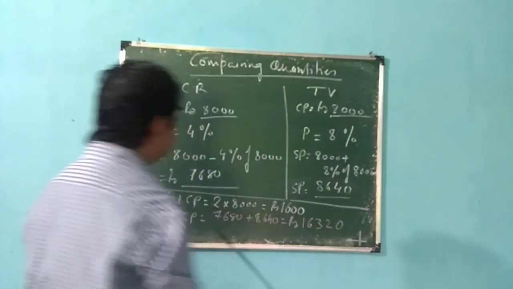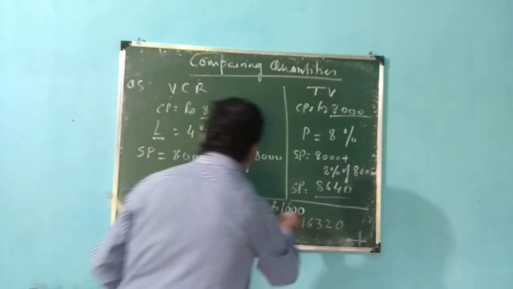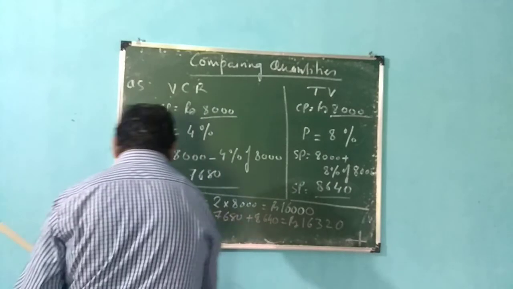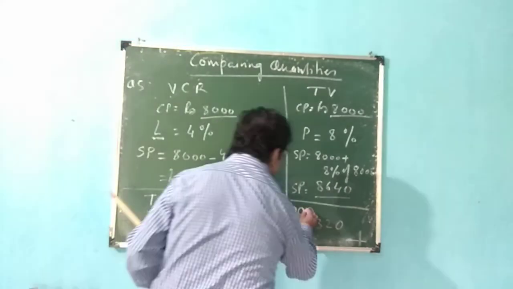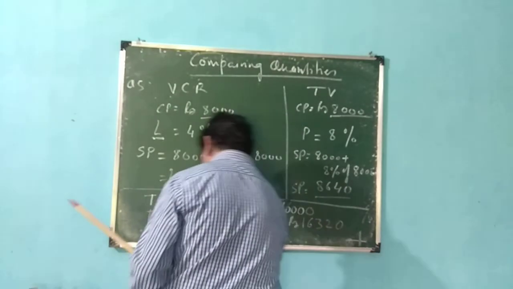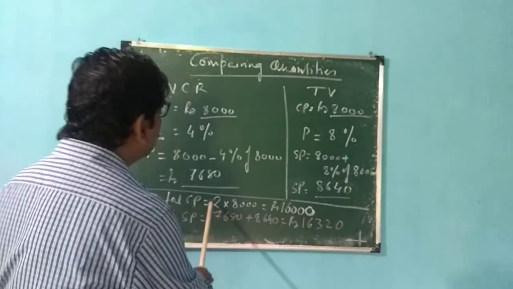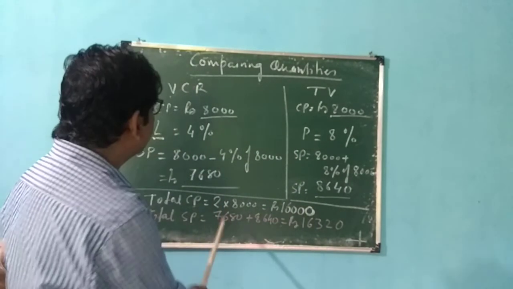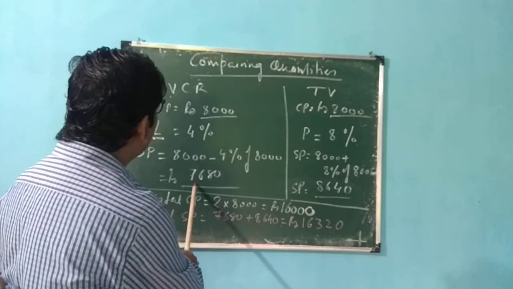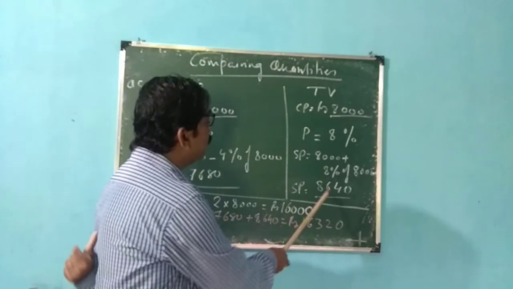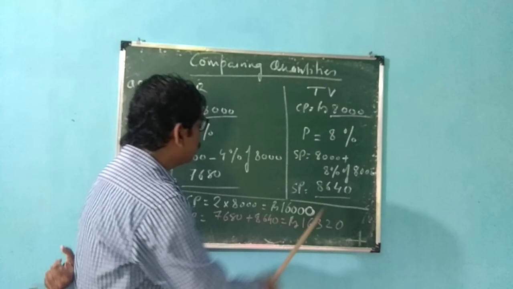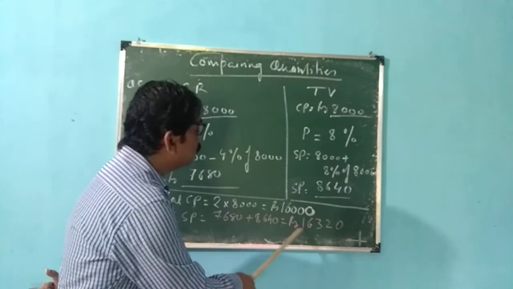Sorry, this is one more zero here. So 2 into 8,000 is rupees 16,000, and rupees 7,680 plus 8,640 will give me rupees 16,320.